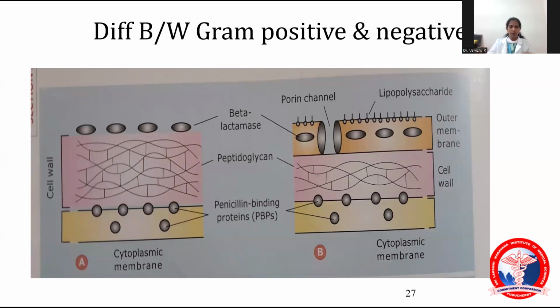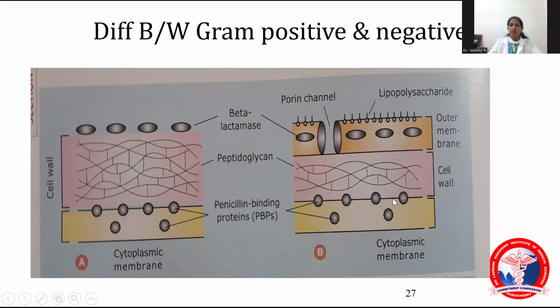So all these penicillin antibiotics, if you give them, easily approach this peptidoglycan layer, bind with penicillin-binding protein, and inhibit the transpeptidation reaction. Whereas in gram-negative, the peptidoglycan layer is sandwiched between two layers: one is the cytoplasmic membrane and another is the outer membrane. This outer membrane is rich in lipopolysaccharide and has porin channels.